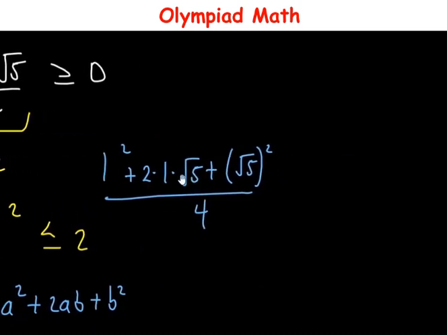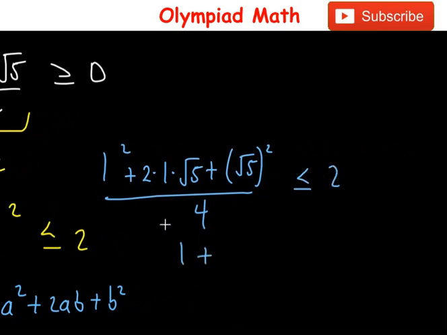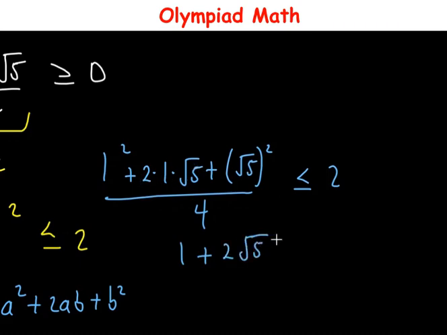Will this be less than or equal to 2? So from here, 1 squared is 1, plus 2 times 1 times √5 is 2√5, plus, square cancels square root, we have 5, over 4.